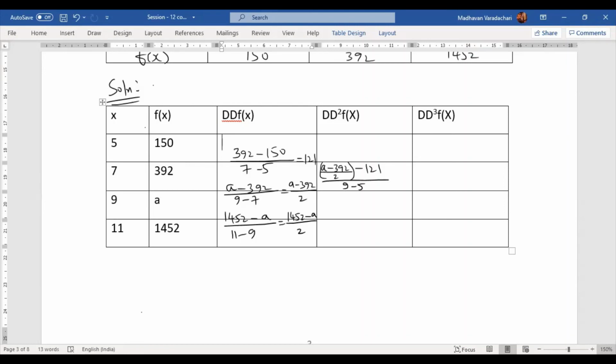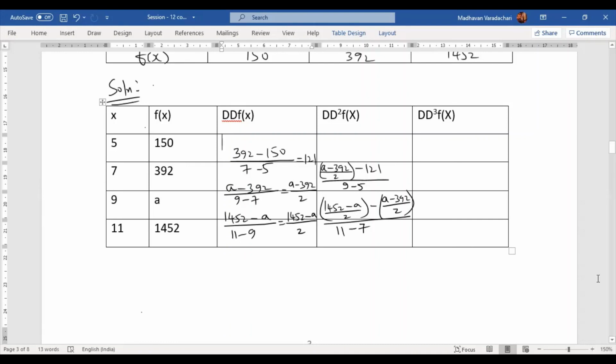Then this one will become 1452 minus A divided by 2, minus A minus 392 divided by 2, the whole thing divided by 11 minus 7.